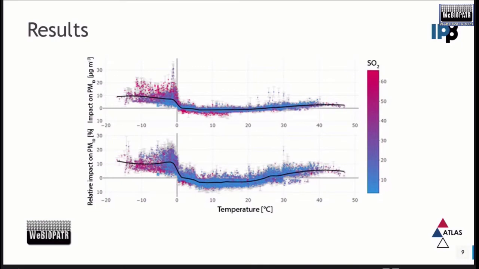As you can see, at temperatures below zero, this parameter contributes to an increase in PM10 concentrations by an average of about 10 micrograms per cubic meter, which may be the consequence of the impact of intensive combustion of fossil fuels for heating supplies.